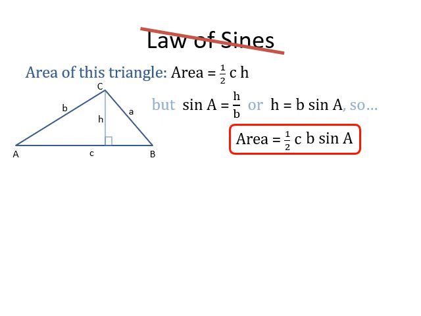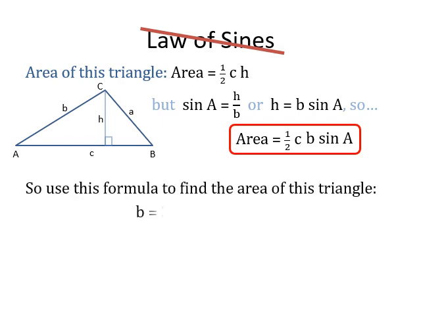So if we know the measure of the included angle and the adjacent sides to that angle, then we can use this formula, 1/2 c b sine A. Let's use this formula to find the area of a triangle with side b, side c, and angle A. Pause the video and find that using that formula.